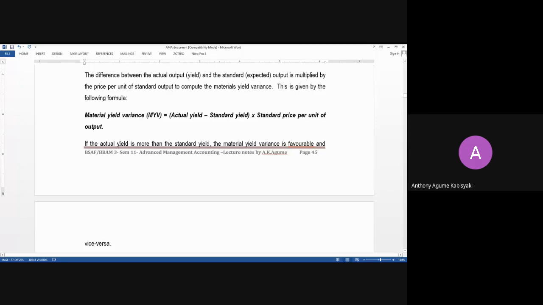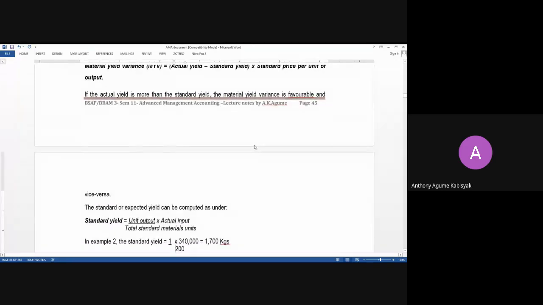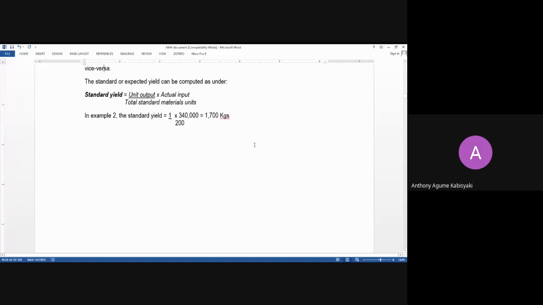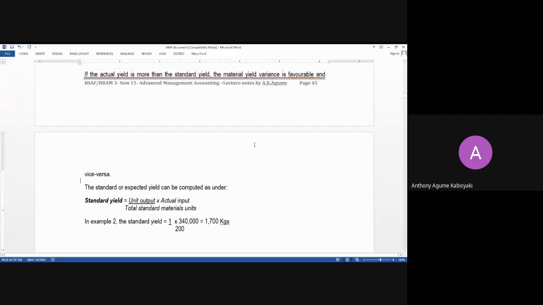So if you find that the actual yield is more than the standard yield, then the material yield variance is favorable, and the reverse, of course, is true. If it is the other way around, then it is unfavorable. For you to compute your standard yield, it is got by 1 unit of output divided by the total standard material units times the actual input of raw materials.